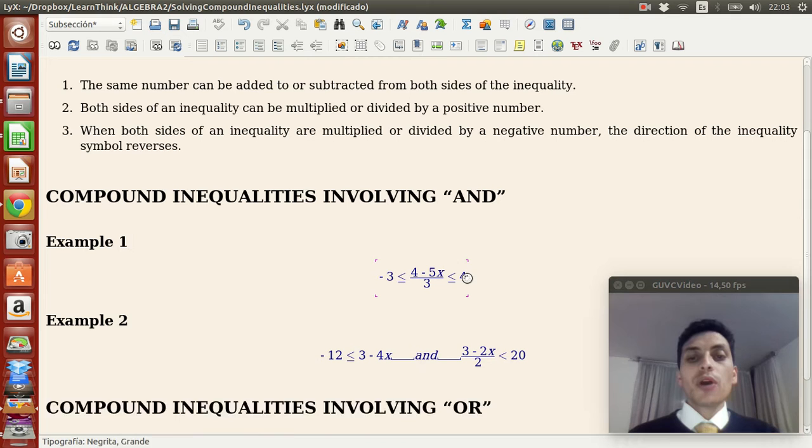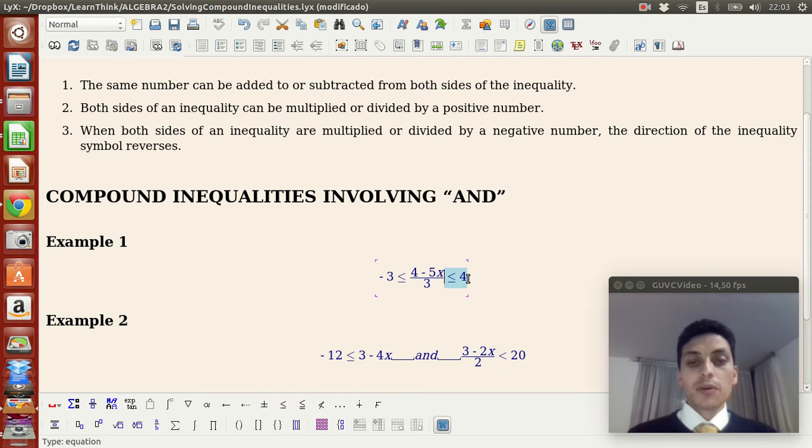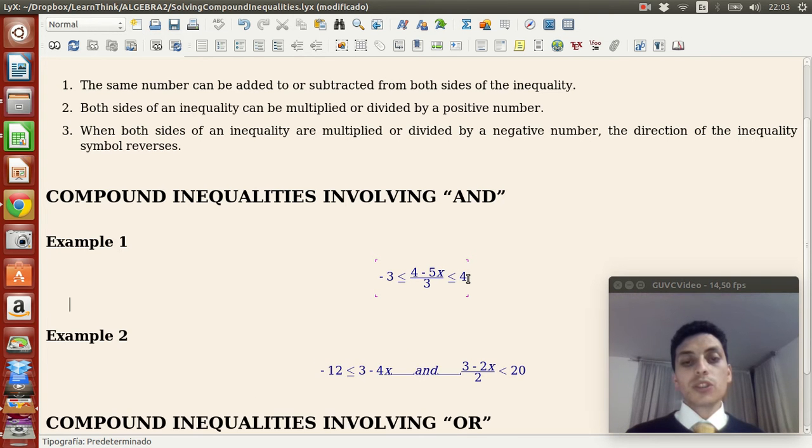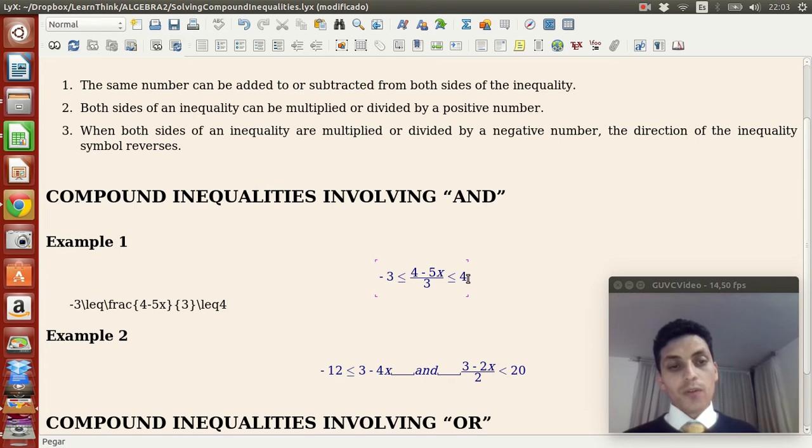So let me show you how to solve the first inequality, then we solve the other. So we have the inequality: minus 3 less than or equal to (4 minus 5x) divided by 3, less than or equal to 4.